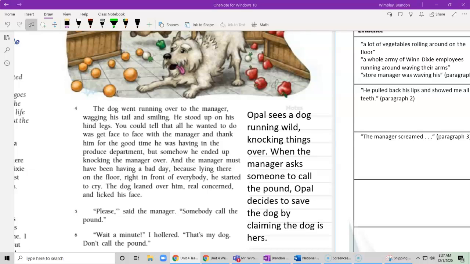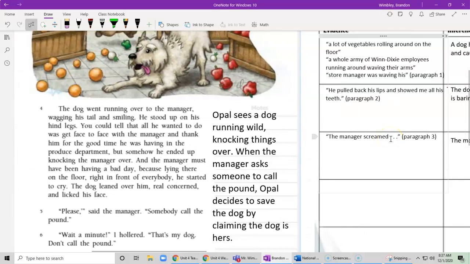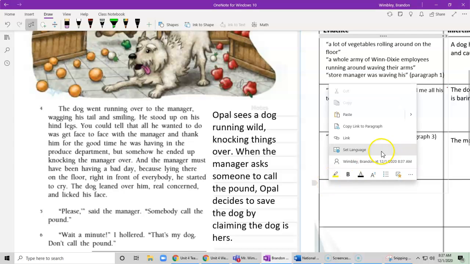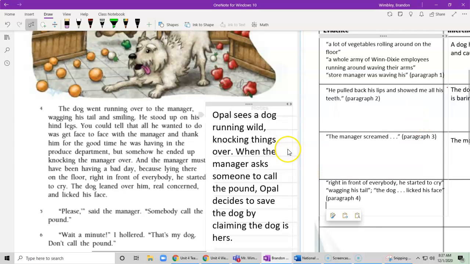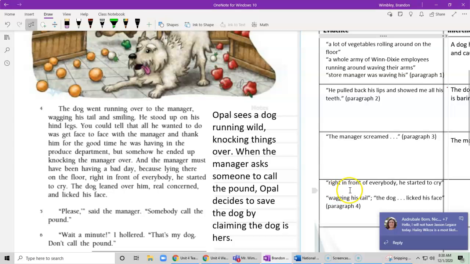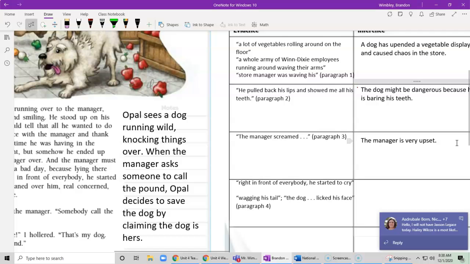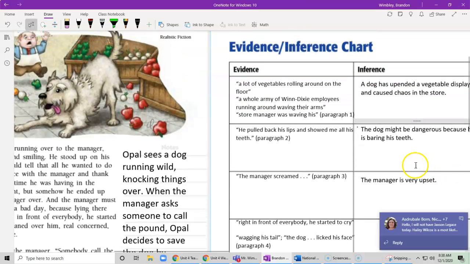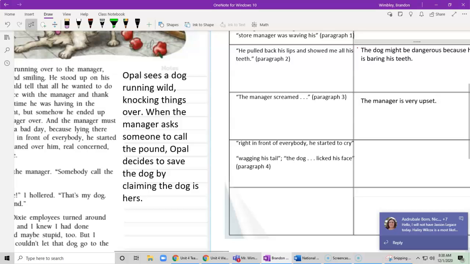Now, what I know here is that the manager's probably so upset he doesn't care what people think. But I also can figure out that, hey, this dog's actually friendly and not a vicious monster. And what evidence do I have to support those two ideas? Well, I have this one for the first part. Right in front of everyone, he started to cry. It's telling me that he's so upset he doesn't care what people are thinking, because honestly, as a grown man, he probably wouldn't be crying if he wasn't really upset or really sad.